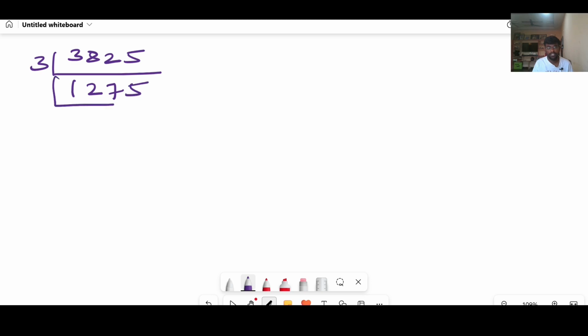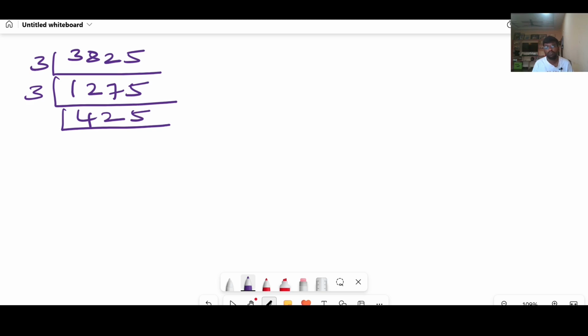Again I will check whether the number is divisible by 3. 1 plus 2, 3 plus 15, right? Again it is divisible by 3. 3 4s are 12, 3 2s are 6, 1 is the remainder, and 3 5s are 15.